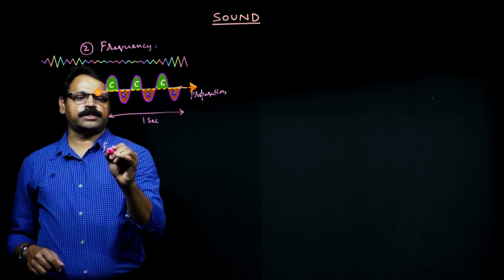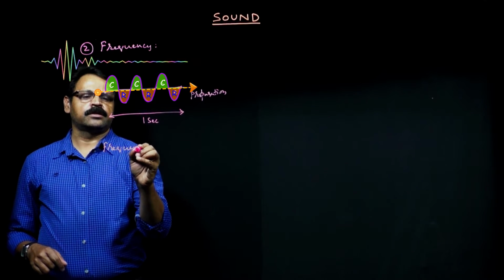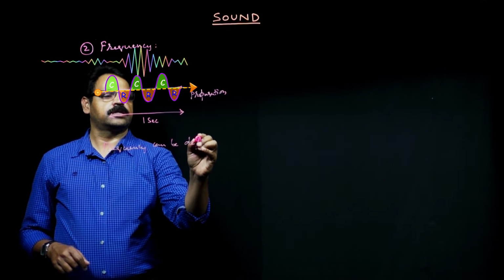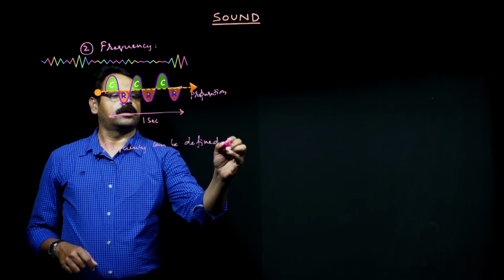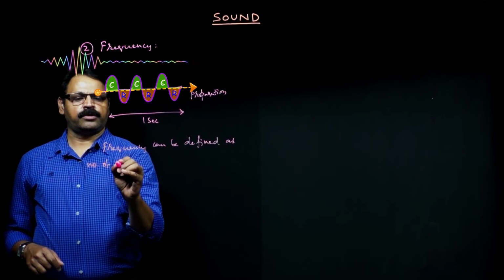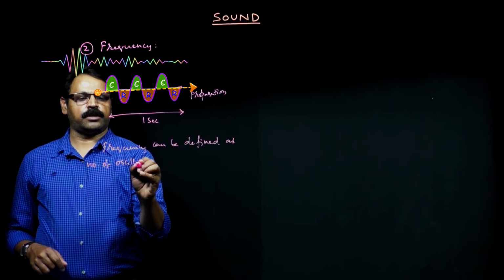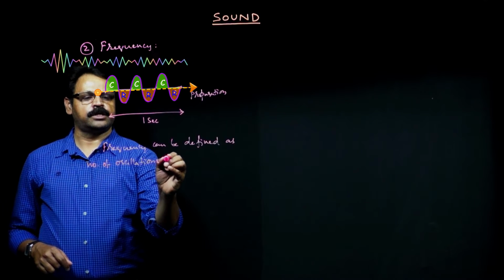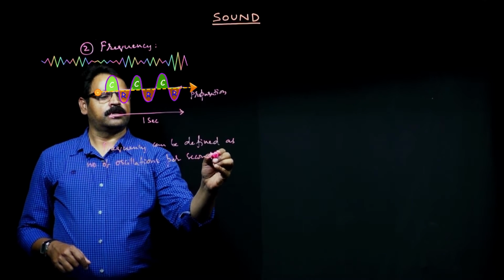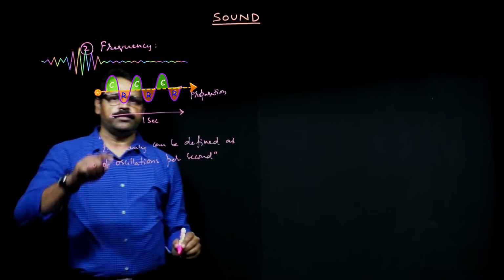Therefore, frequency can be defined as number of oscillations per second. This is the definition of a frequency.